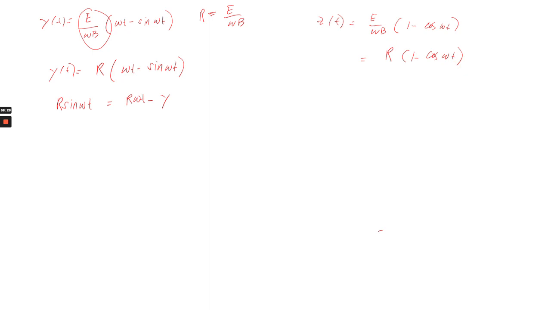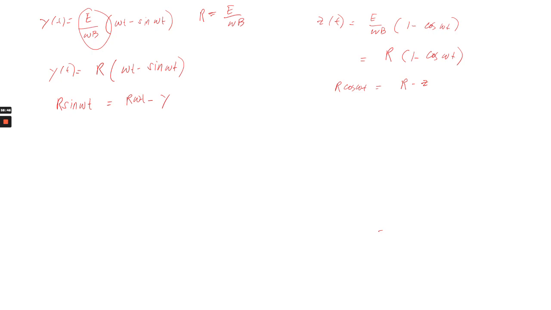So the same thing, I move it. We have r cosine omega t is equal to r minus z.